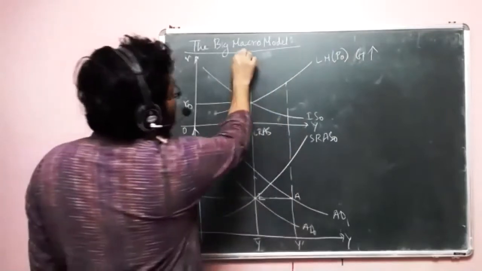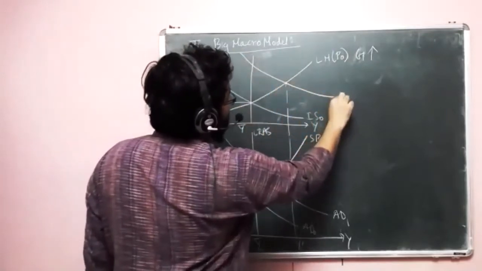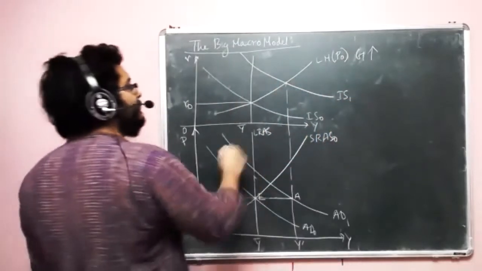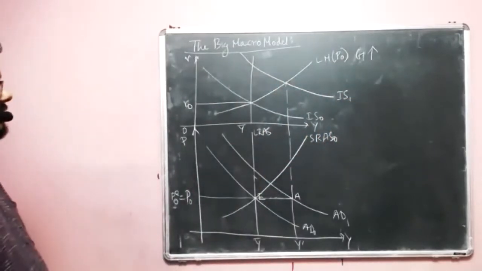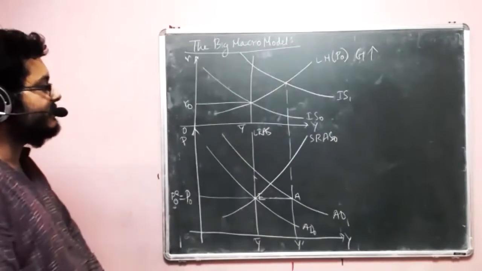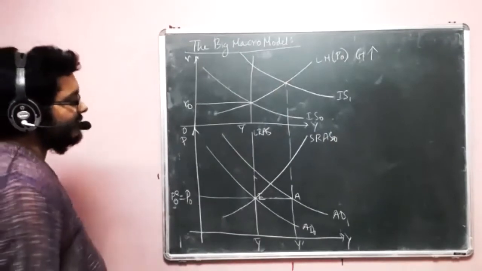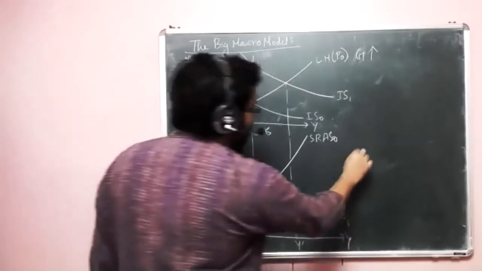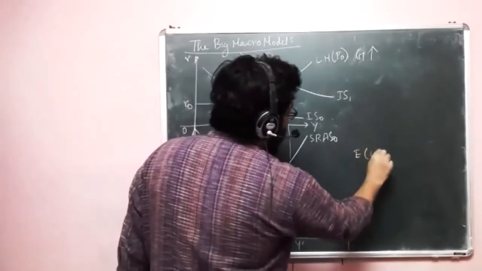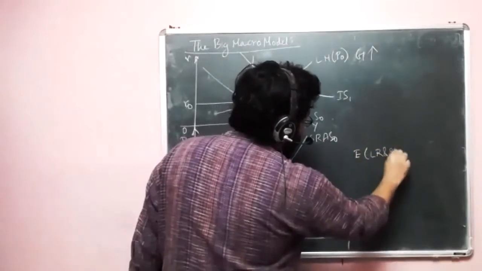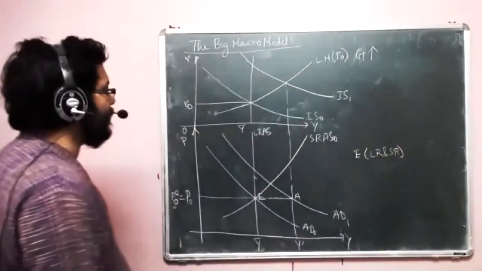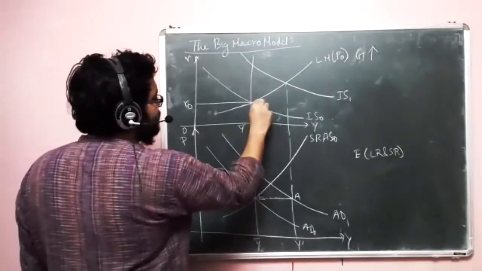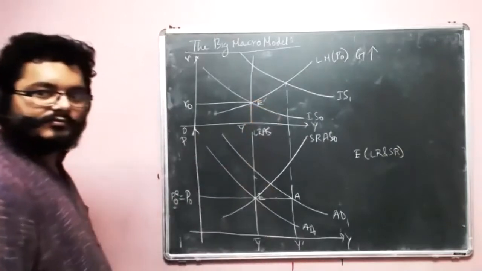This is the kind of rise in shift in IS that we are talking about. Now we can go back and see what we just did. Here we have some equilibrium E, which is both LR and SR. And the corresponding ISLM equilibrium, let's say this is E dash.